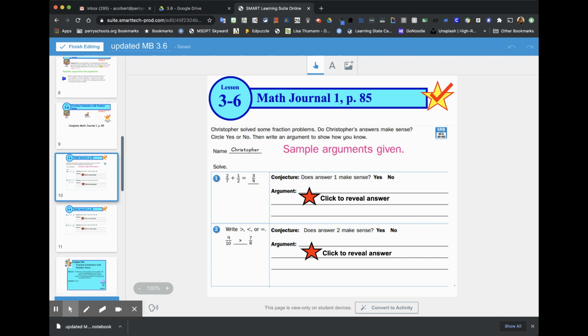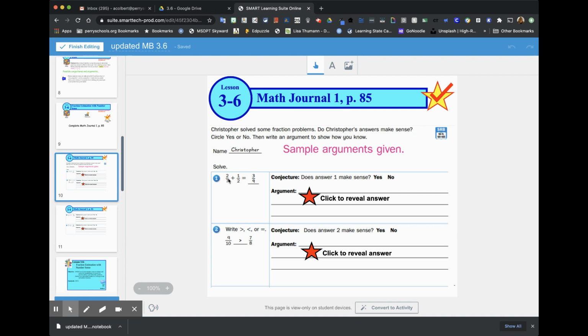Do Christopher's answers make sense? You're either going to circle yes or no, and then you're going to write an argument. You're going to tell me why. You're either going to say, yes, this is why Christopher is correct, or you're going to say, no, this is why he is wrong. You're going to prove it, and you're going to prove it without actually doing the math.